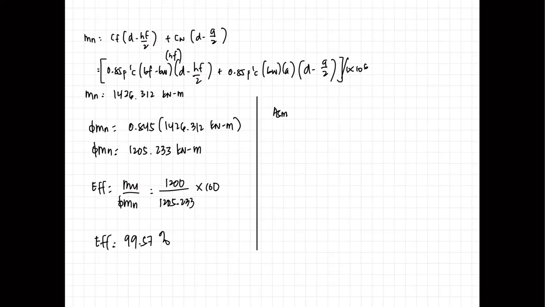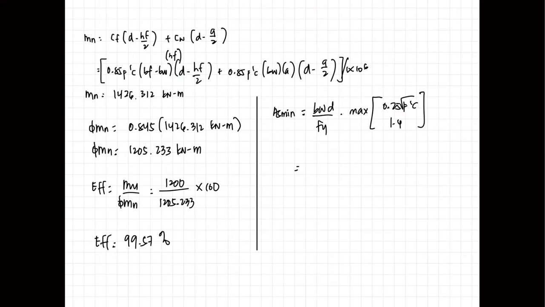AS minimum natin, so that is BW D over Fy times max between 0.25 square root of F prime C over or 1.4. So we have 375, 600, 420 times ang mas malaki is yung 1.4.